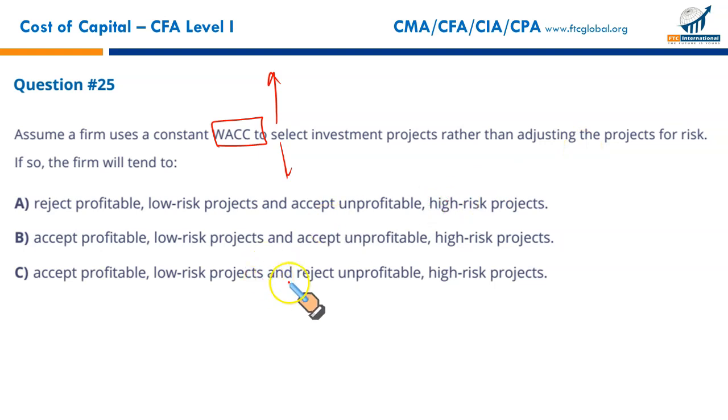Let us first lay down how we can tackle the question. WACC is a hurdle rate that we need to cross in order to generate positive NPV. If it is kept constant, either it will be too high for some projects or it will be too low.